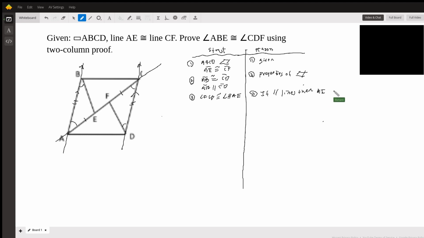This is a generally recognized abbreviation, AIA.